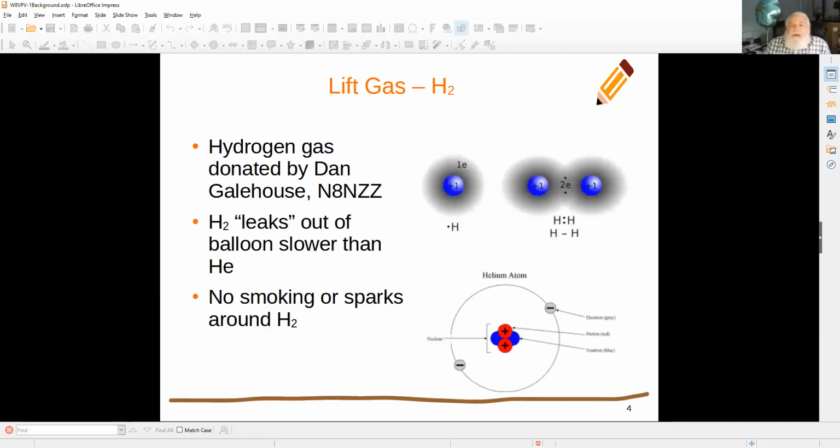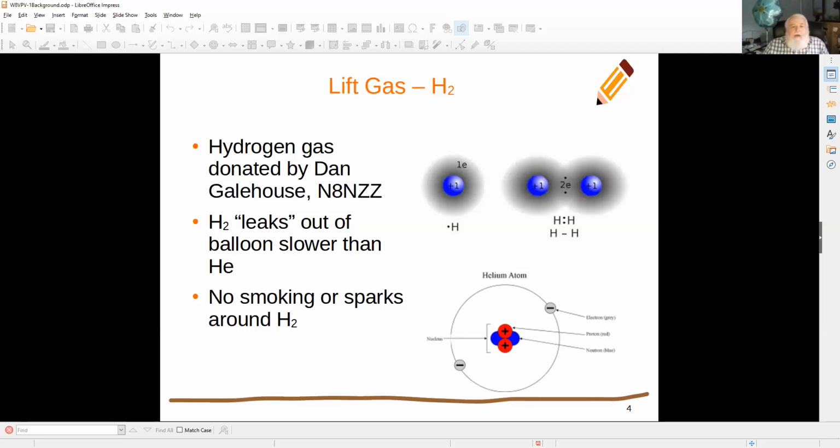Now, we also had to decide on what was going to be used as the lift gas. On this balloon launch, we used the same thing as we did on the previous two, which is hydrogen. So it's H2, a diatomic molecule.